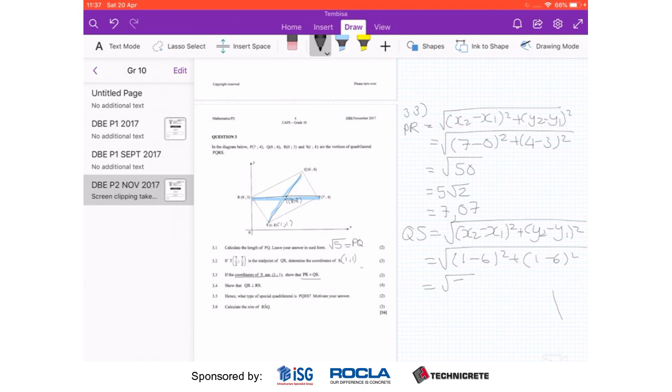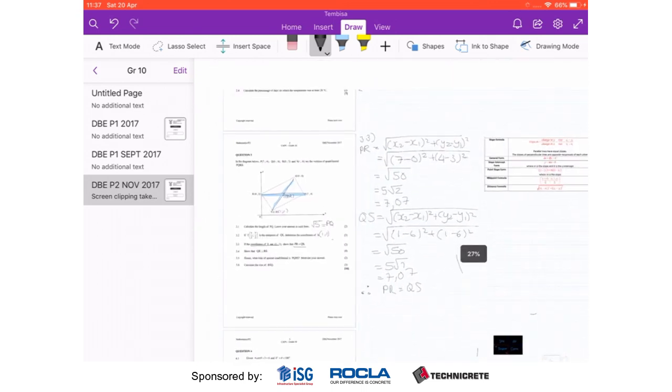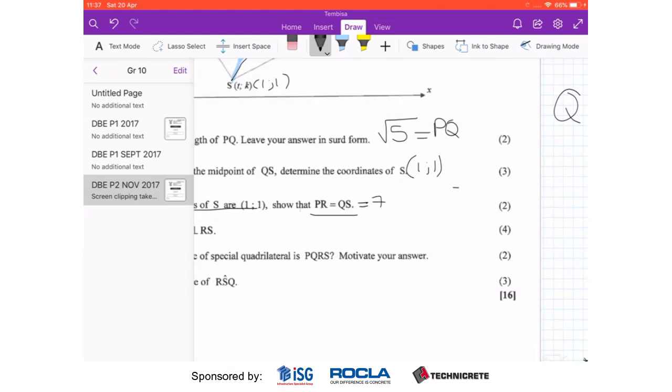It's also going to be root 50, equal to 5 root 2, equal to 7.07. For these types of questions, make sure that you not just show it, but actually state to the examiner that you've identified it, that therefore PR is equal to QS. I'm just going to write here that they were both equal to 7.07.